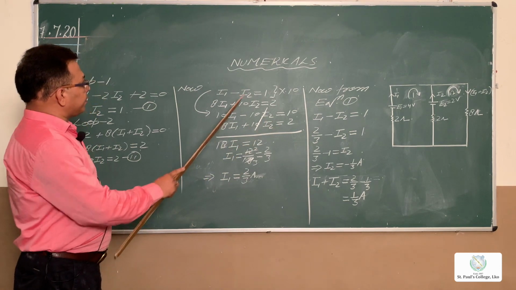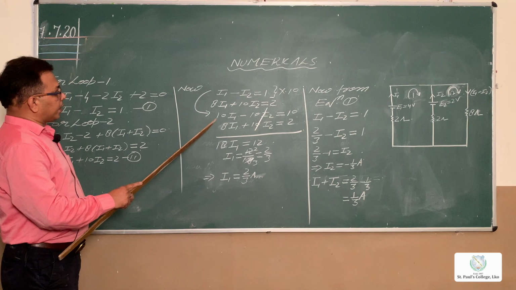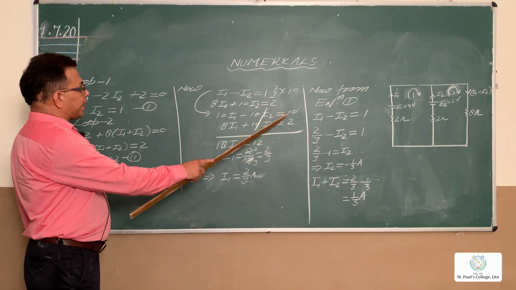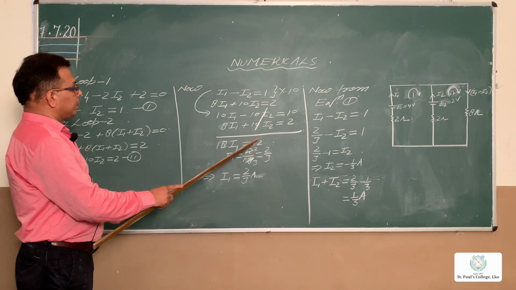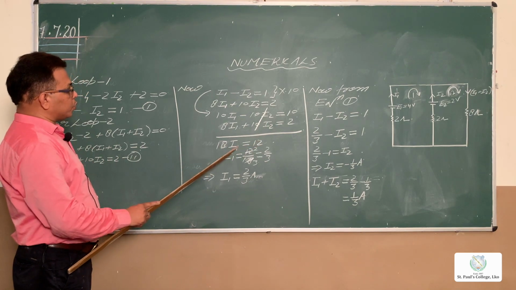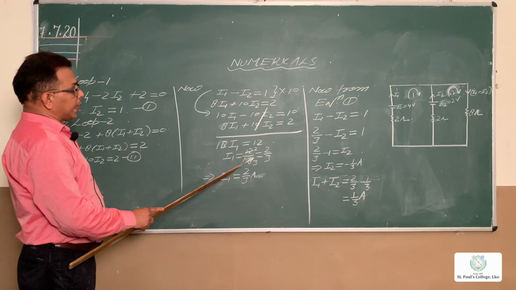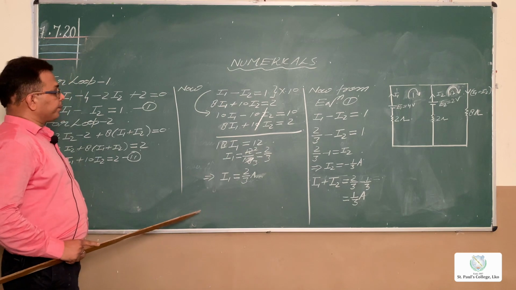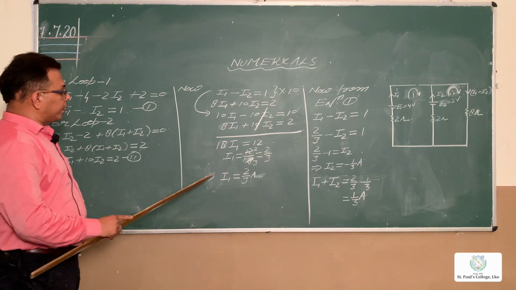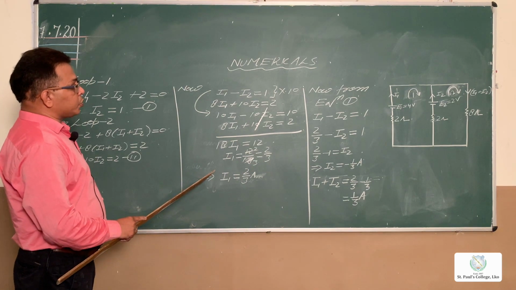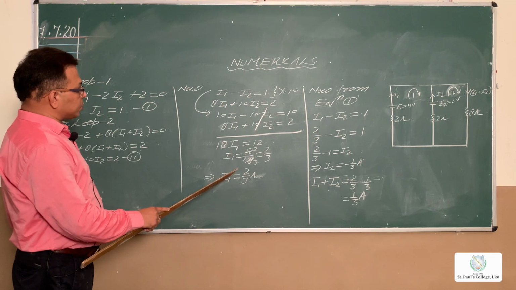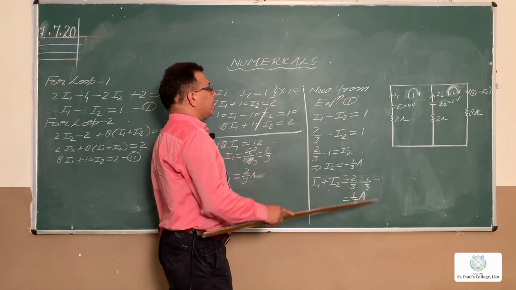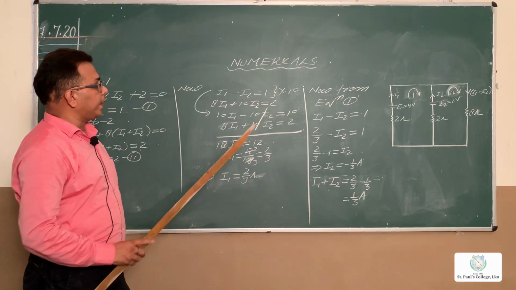Adding, you will get 18I1 is equal to 12, because 10 plus 2 is 12. So I1 is equal to 12 upon 18, which cancels out to 2 by 3. The value of I1, the current flowing in the first loop, is 2 by 3 ampere.